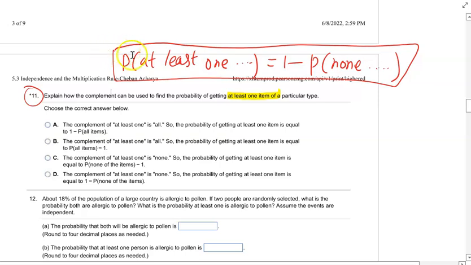We're going to use this formula much of the time in this section. Probability of at least one of any item, whatever item that is, is 1 minus probability of none.